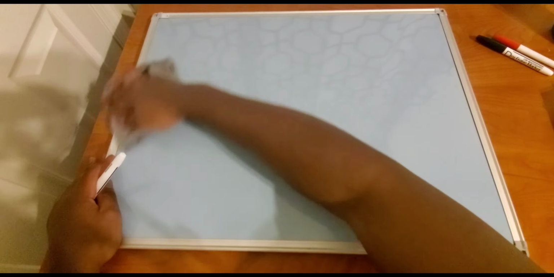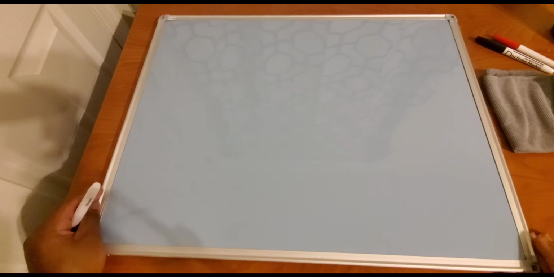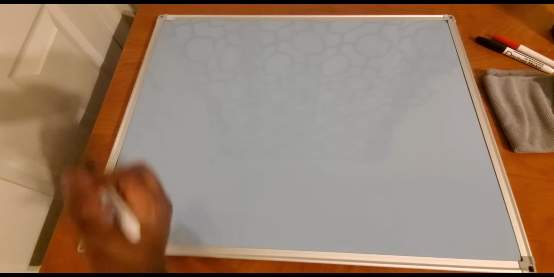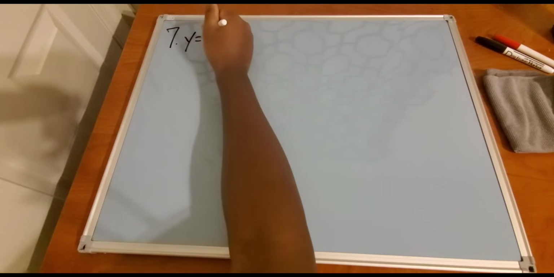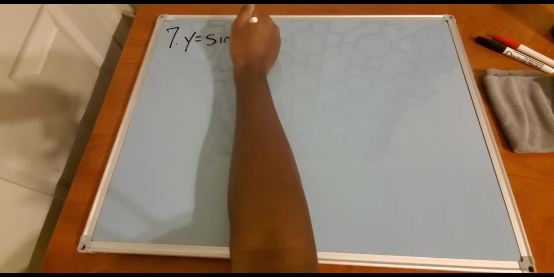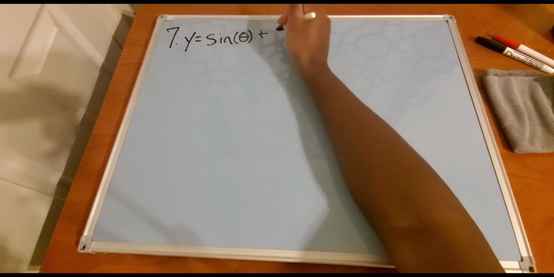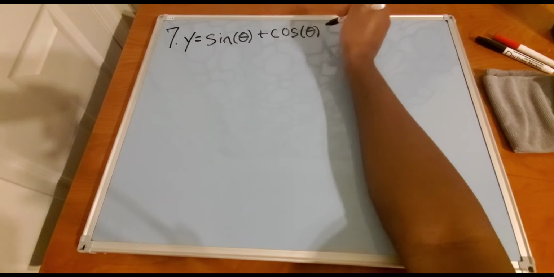So I only have one question left for you guys, and it is question number 7. For question number 7, we have y is equal to sine of theta plus cosine of theta. If you've watched my difference rule video, you know where I'm going with this.